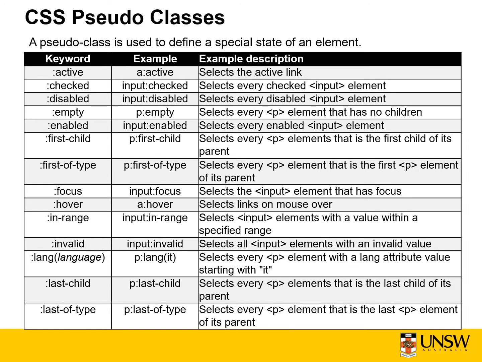As some instances, first child selects and styles every element that is the first child of its parent tag. For example, if there are 5 p tags inside a div tag, this selector will only select the first p tag. Checked class is applied to every checkbox that is ticked in a form, and hover class selects hyperlink text when mouse hovers on them.